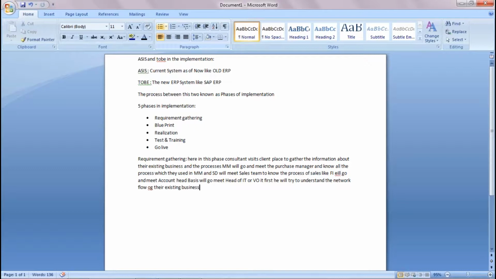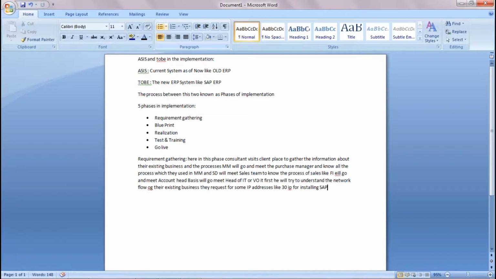He has to ask for some public IPs. He has to check how they are using the internet and intranet, and how they secure it. Outside users are never allowed into the company. They check everything. They talk to the managers, they talk to the IT guys, and they request some IP addresses, like 30 IP addresses for installing SAP.